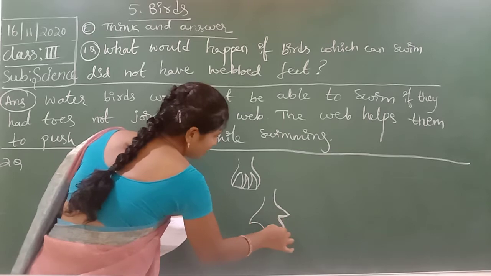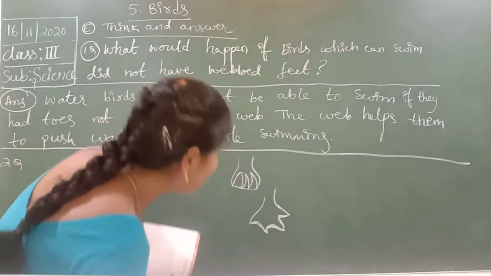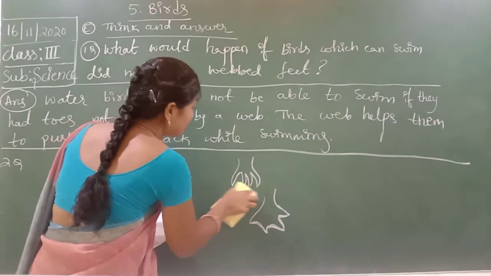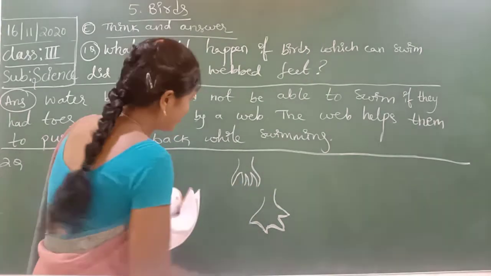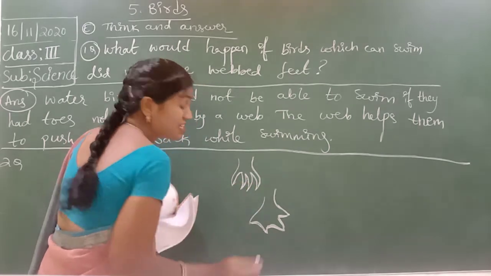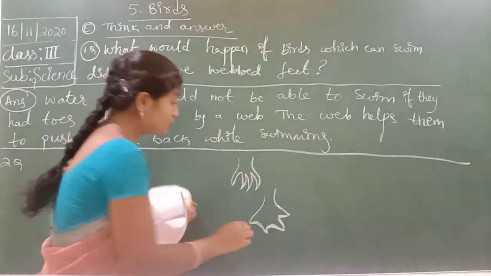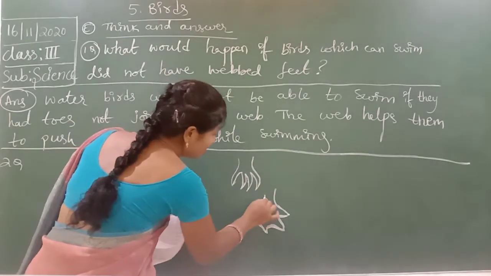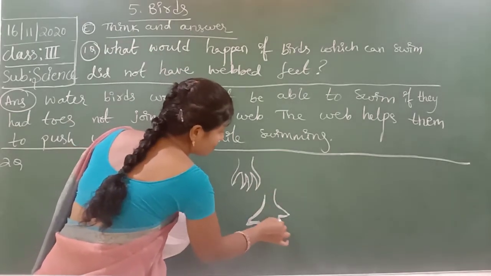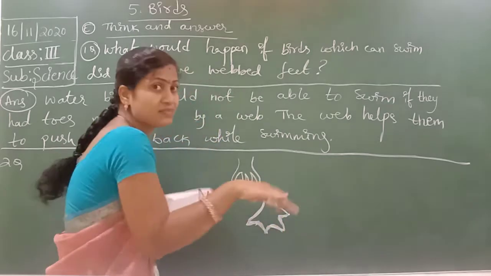If you observe the duck, the remaining birds cannot join them; they have separate toes. Especially the ducks can swim in the water, because the toes are joined with a web. So here this is the web, and they can swim easily.